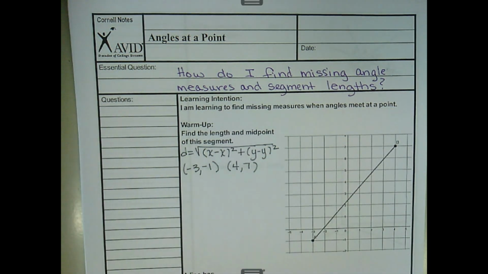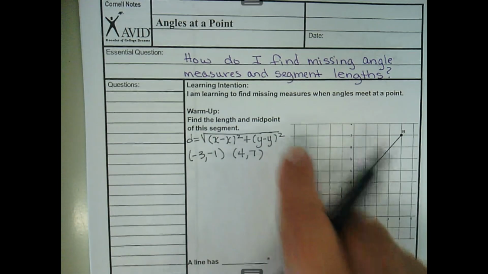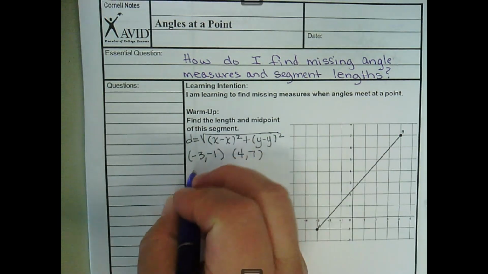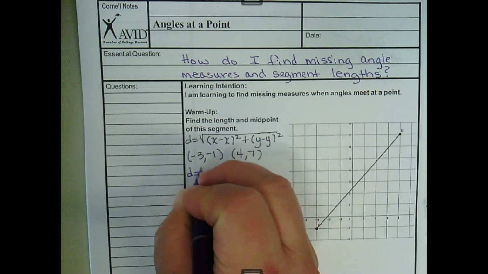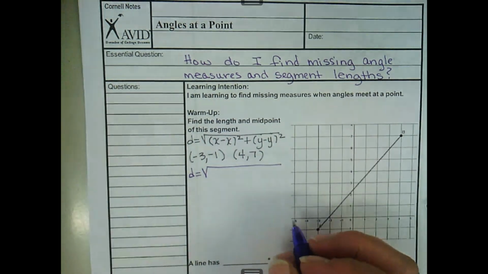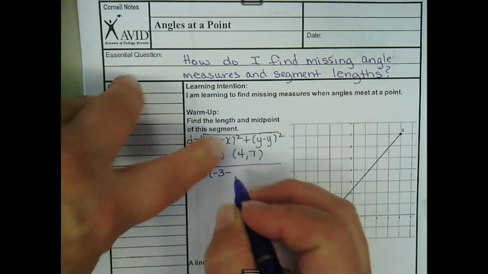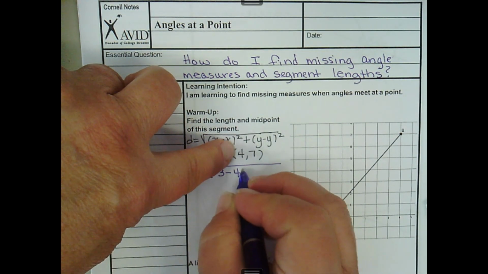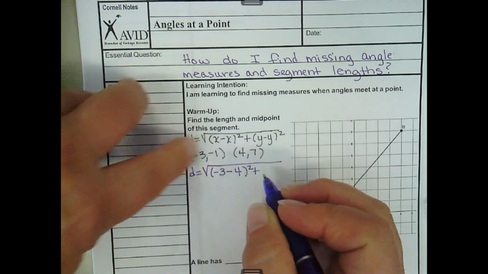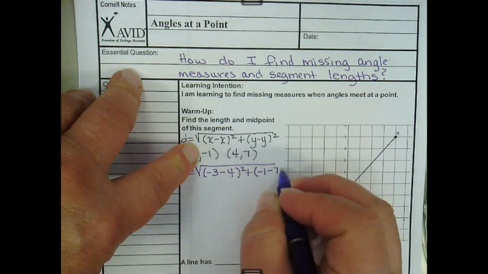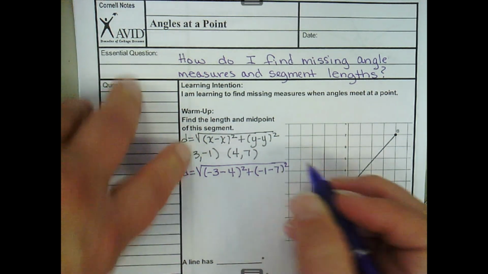Now I apply my formula. This is my formula. So my distance will be equal to the square root of x is -3 minus 4, that's my other x, quantity squared, plus -1 is my first y, minus 7, quantity squared.